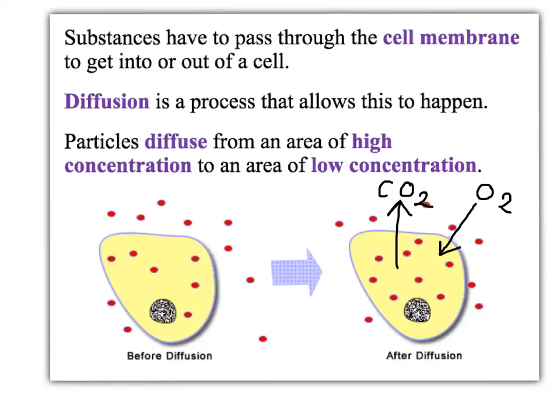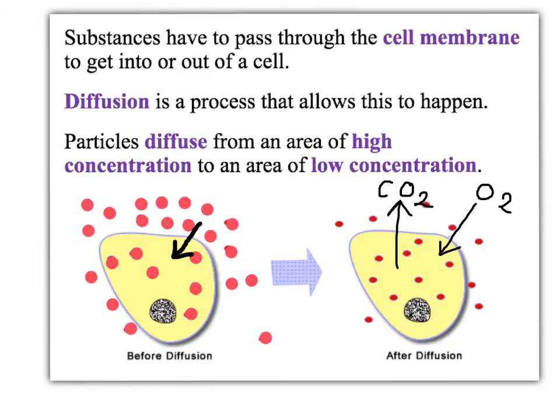Now, the steeper the concentration gradient, so the bigger the difference on the inside and on the outside, the faster diffusion will take place. So here we can see we've got a much steeper concentration gradient, so diffusion will happen a lot quicker, because there's many more particles on the outside compared to the inside.